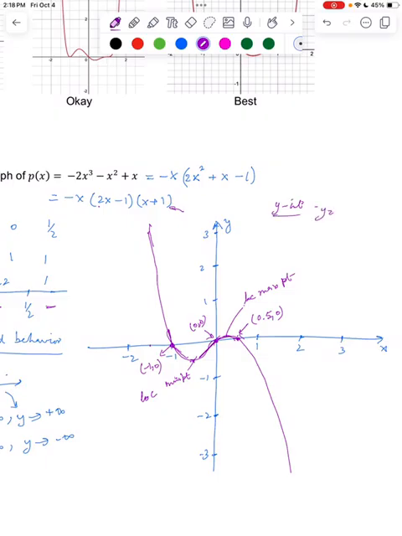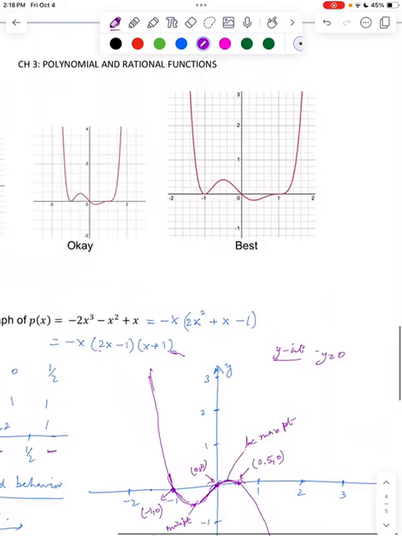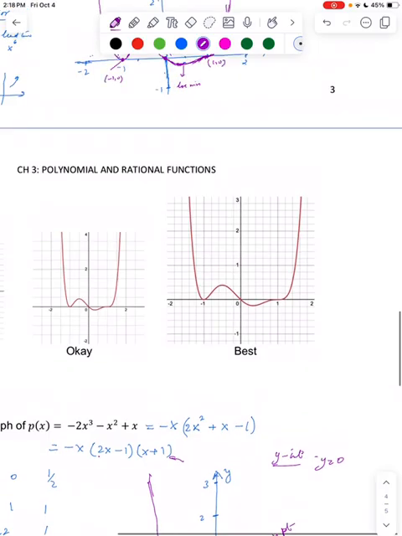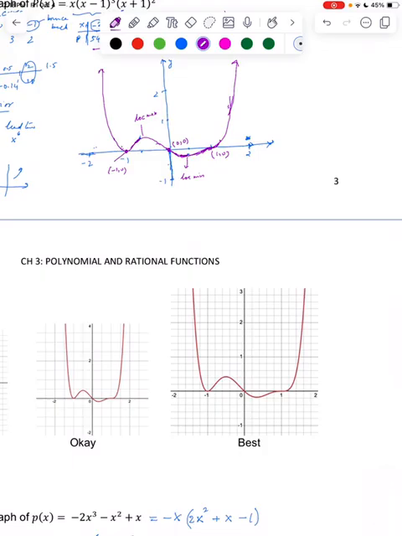So remember now that whenever your factor has an odd multiplicity, it will cross the x-axis, and it will cross the x-axis straight, like a straight line, like it's crossing at 0 if the multiplicity is 1. But for any other odd number, it will bend and do something, it will lay flat and then bend again. So this is how you graph the polynomial function.